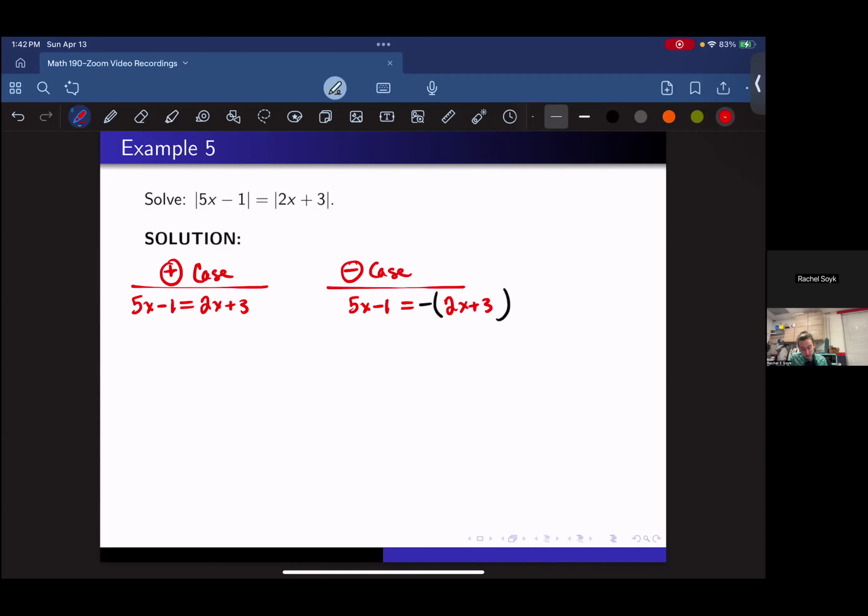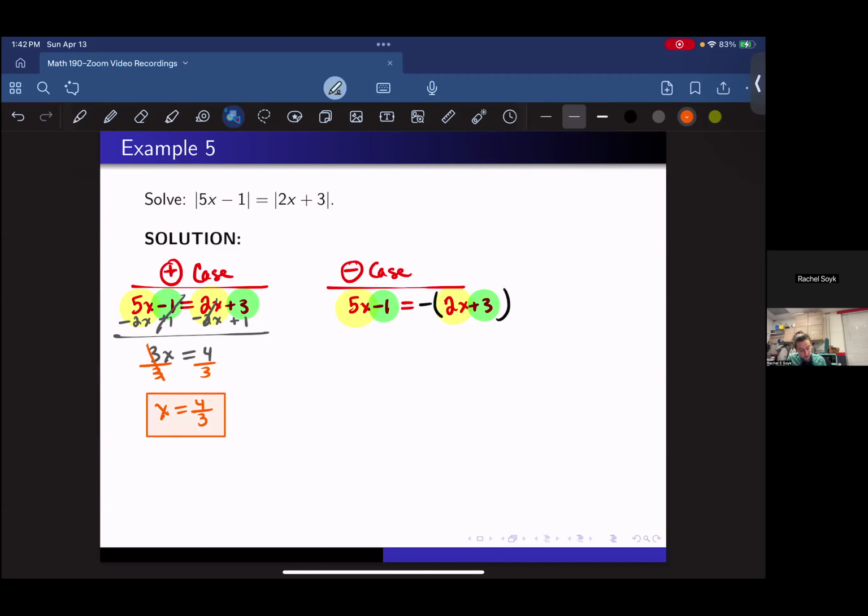And then we solve for our x. Let's combine some like terms. I'm going to go ahead and subtract 2x from both sides here and add 1 to both sides. So I'm looking at 3x is equal to 4, which tells me that one potential solution is 4/3.